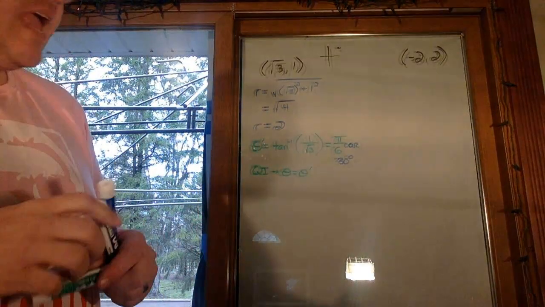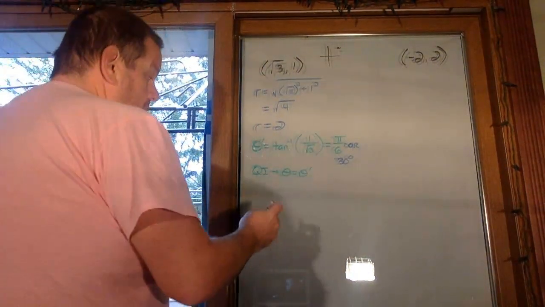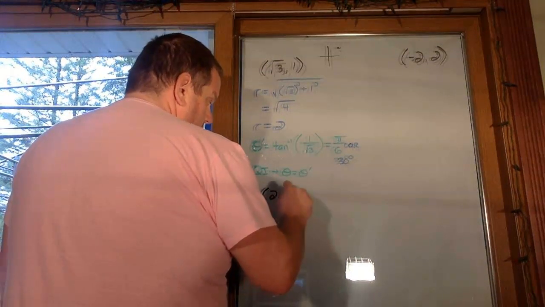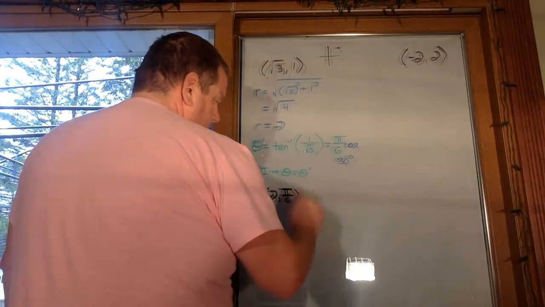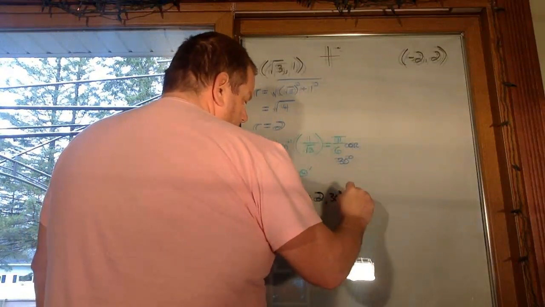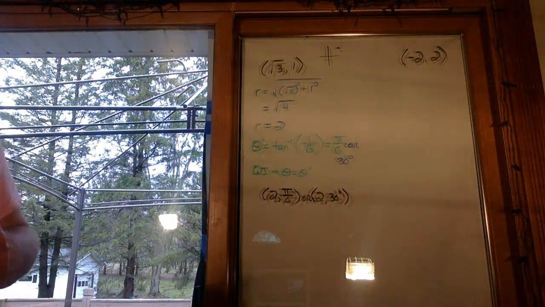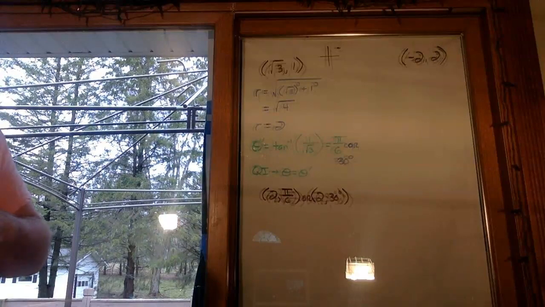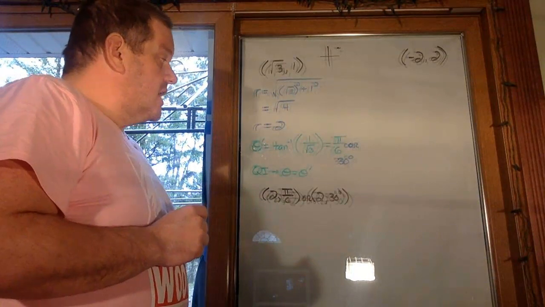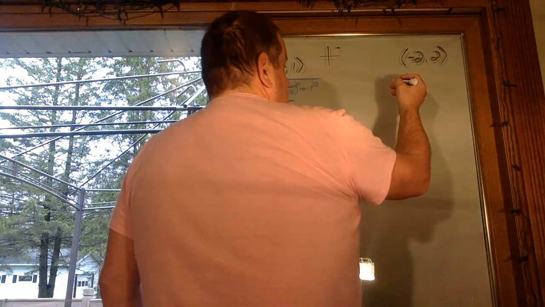So the rectangular point is the square root of 3 comma 1. The polar point would be 2 comma pi over 6 or 2 comma 30 degrees. And we would accept either one of those. Okay? Negative 2 comma positive 2. Again, find our r value.